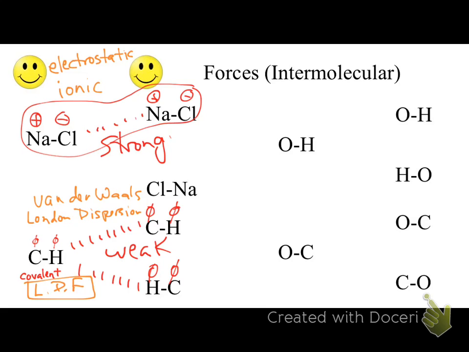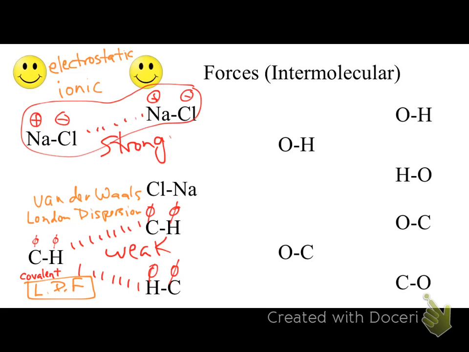You now have a very temporary and very weak ionic type interaction. The electrons can quickly shift back, okay, neutralizing that attractive force. So anything that has electrons has Van der Waals or London dispersion forces.